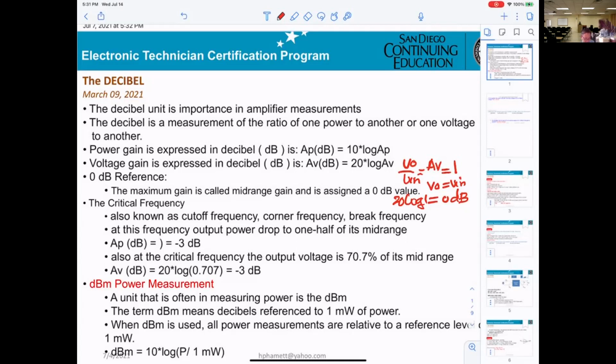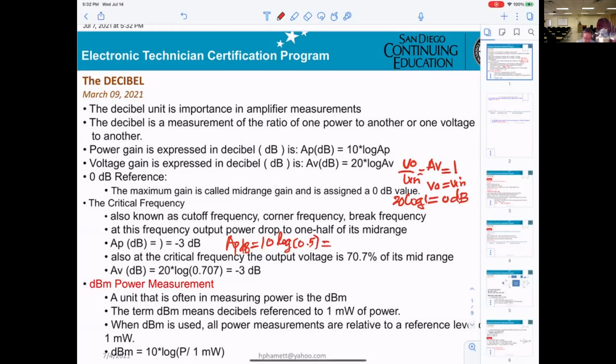So how does AP equal minus 3 dB? If you do the calculation, AP in dB for power is 10 times log of 1/2, meaning 0.5.